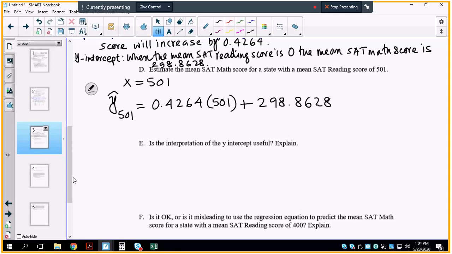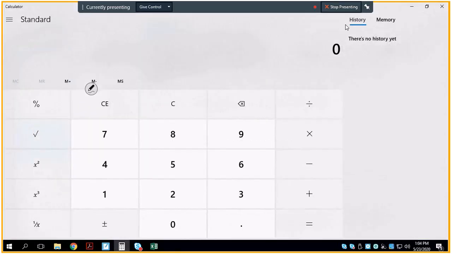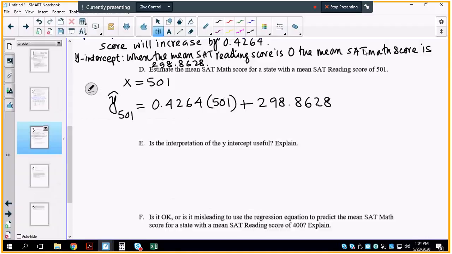Use your calculator to find this value. So I'm going to go to my calculator and enter 0.4264 times 501 plus 298.8628. And that's 512.4892.